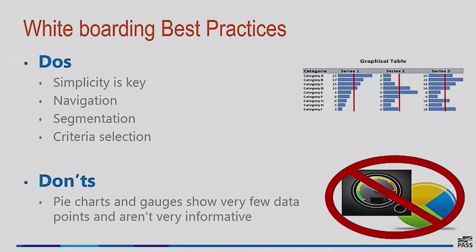And then they'll have another piece of criteria selection here, another one here. But you can't tell that this criteria selection only goes for this graph. There's nothing segmenting things off that lets you know that certain criteria only go to certain graphs or certain bits of data. So look for this. If your dashboard is hard to read for your end user, this is usually the thing that's missed.